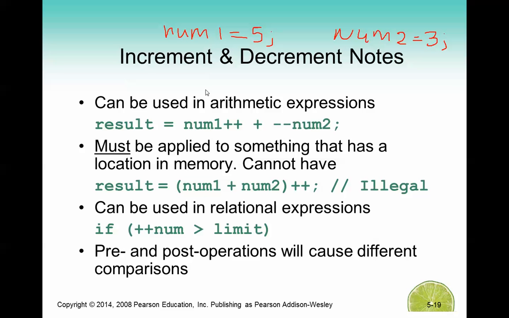What will be the result of this operation right here? What am I going to get in result? I want to know what I have in result at the end, what I have in num1 at the end, and what I have in num2 at the end.